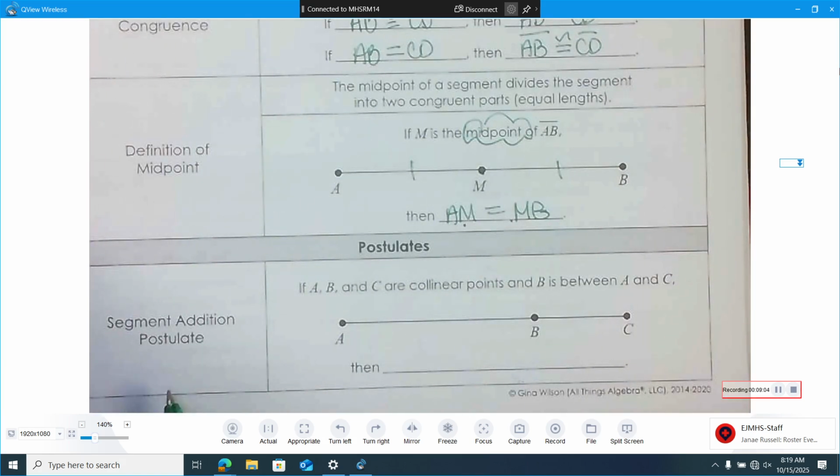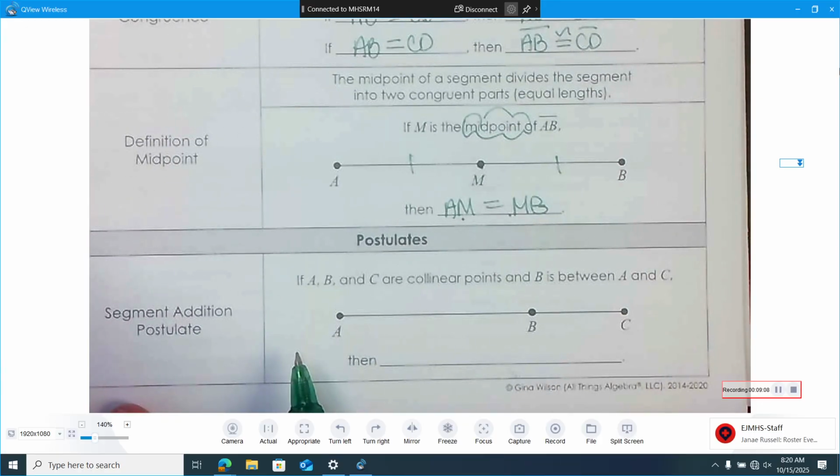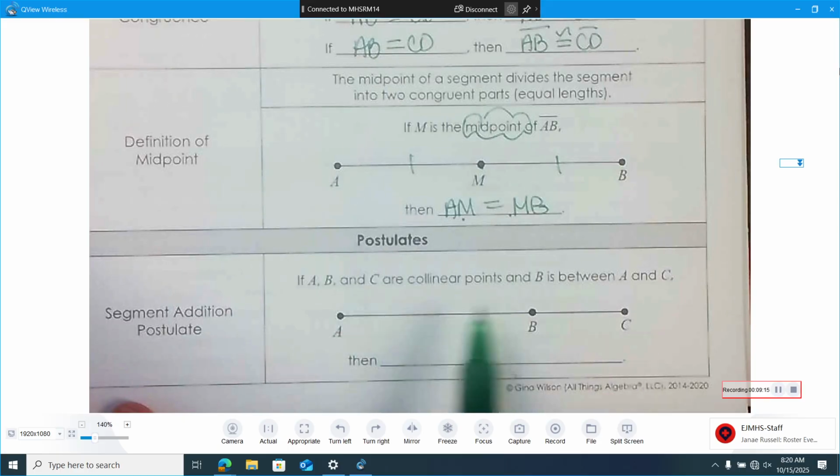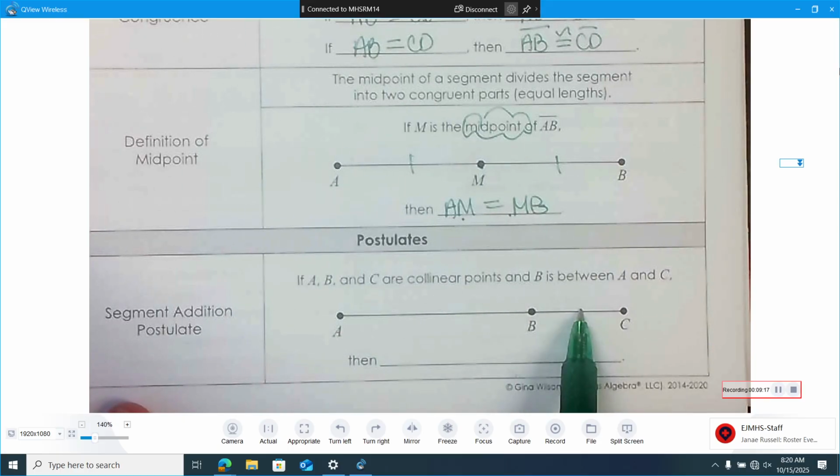All right, we do have some good postulates here. What is the segment addition postulate? Little part plus little part equals whole thing, right? Good, very good.